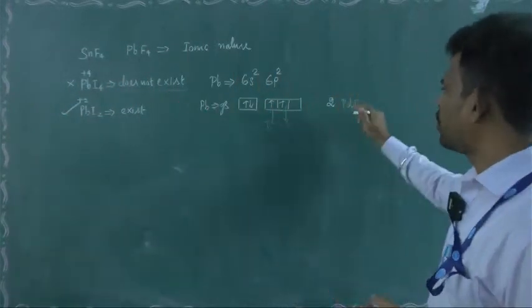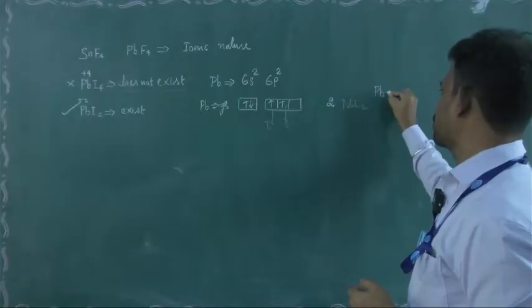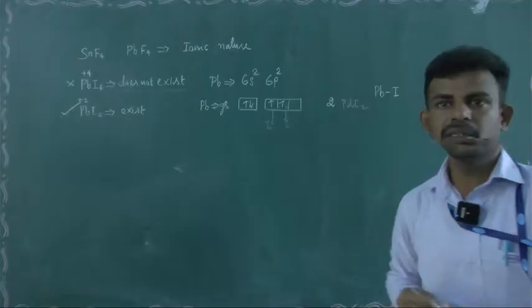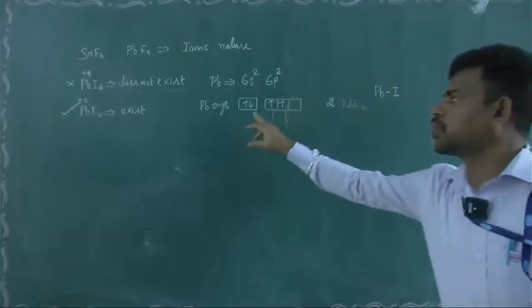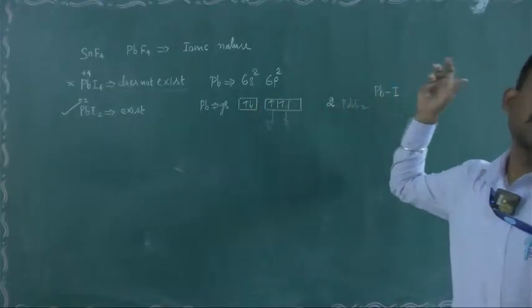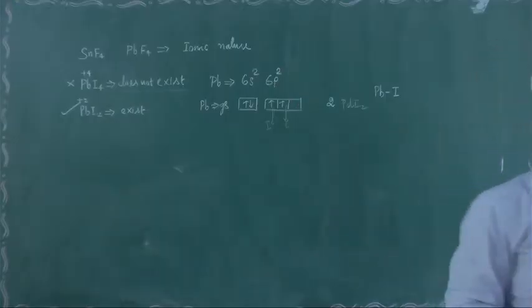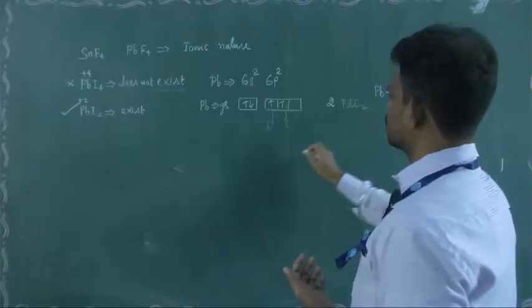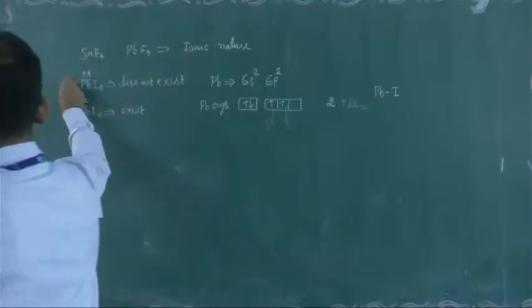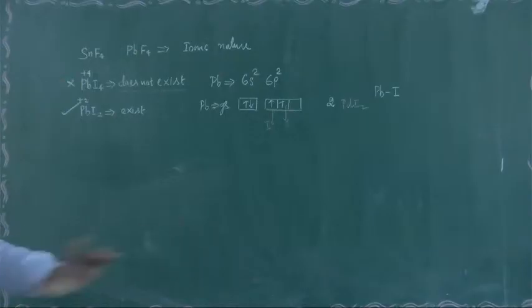If first the initial lead-iodine bond forms, the energy released is not sufficient to make the paired s electrons unpaired. This energy is not sufficient to make paired into unpaired. Therefore PbI4 does not exist, whereas PbI2 exists. Is it clear?